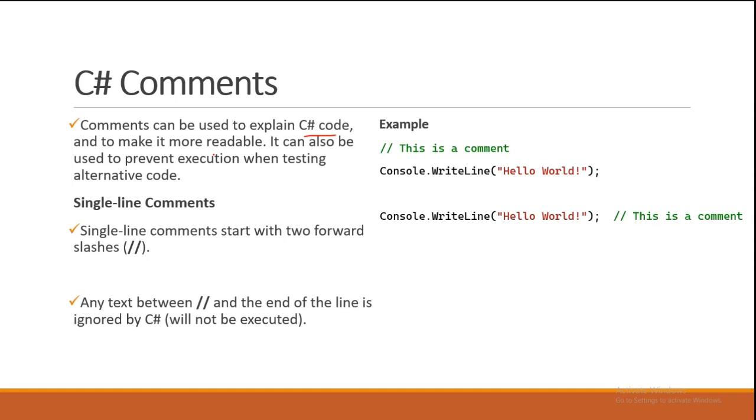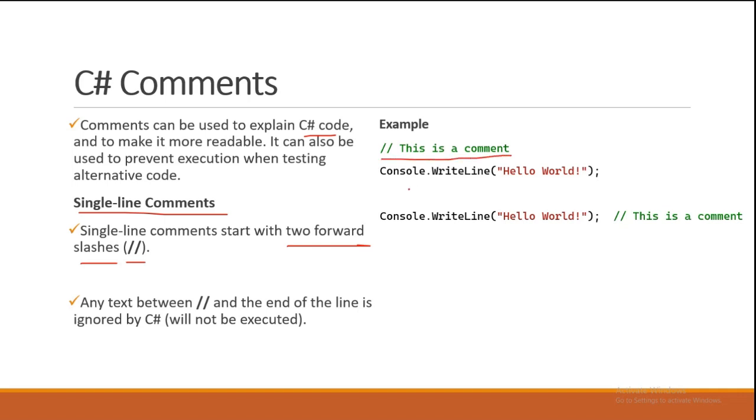It is important to remind yourself and other developers. We can use single line comments or multi-line comments. Single line comments in C sharp start with two forward slashes, like the one you can see in this example.